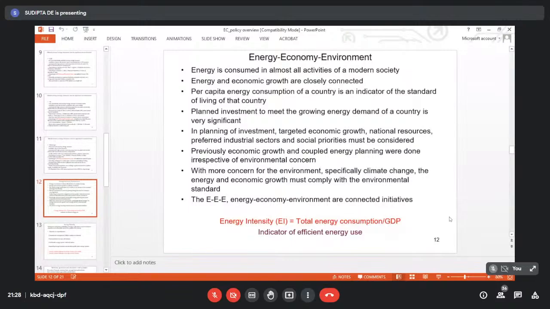So standard of living depends on the total energy, the energy intensity, and the per capita energy consumption. For example, it depends to some extent on the social approach, because in the transport sector, those who have experience of Europe know it is very conscious of the environment and sustainable development.